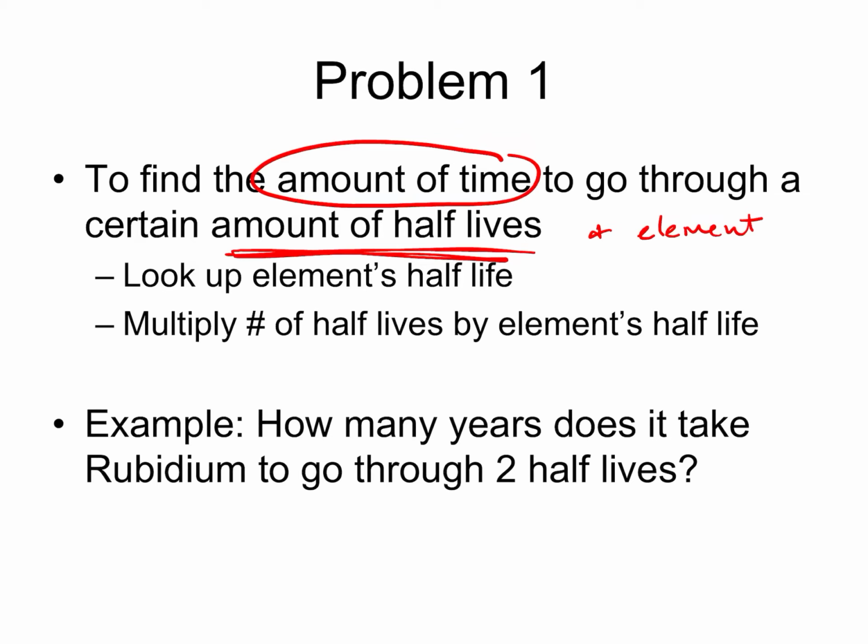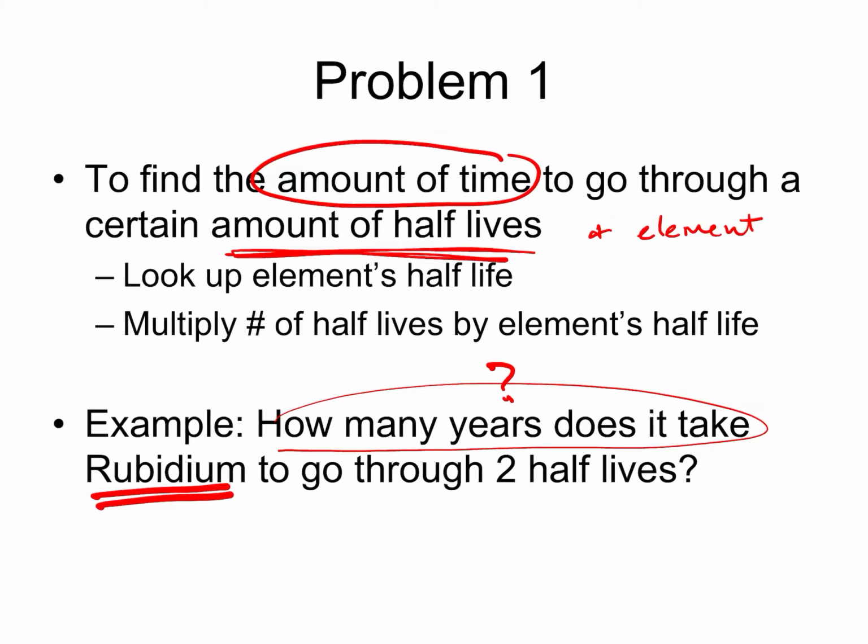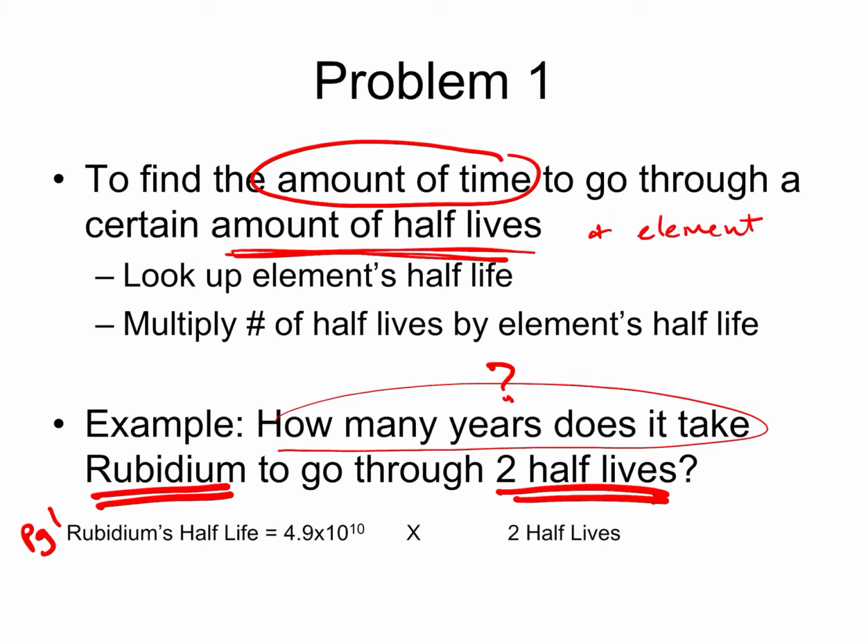How many years does it take? So again, there's your question. For rubidium, there's your element, to go through 2 half-lives. There's your how many half-lives. So you're going to look up rubidium's half-life. That's on your reference table, right? Page 1. And you're going to multiply that by how many half-lives they gave you.